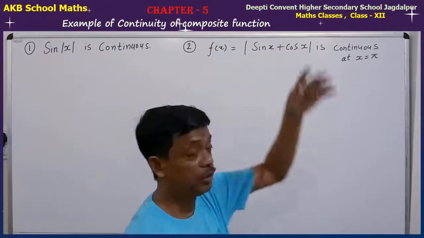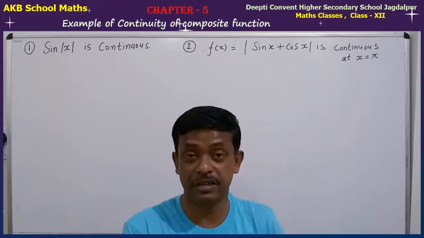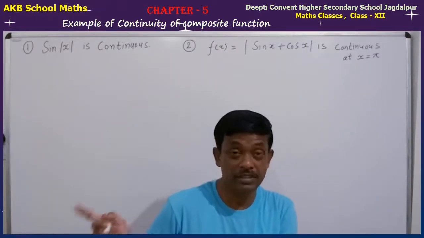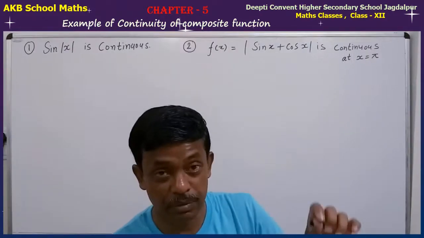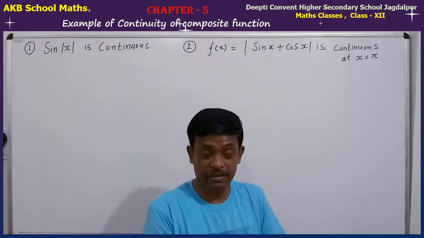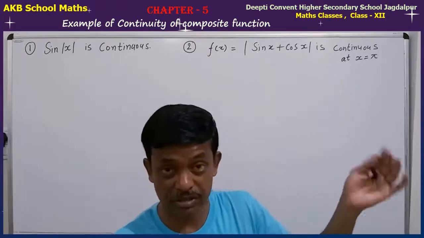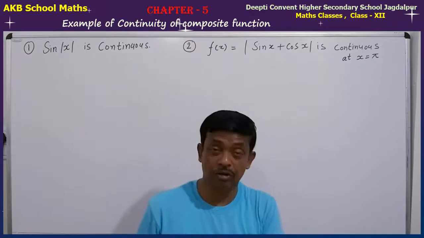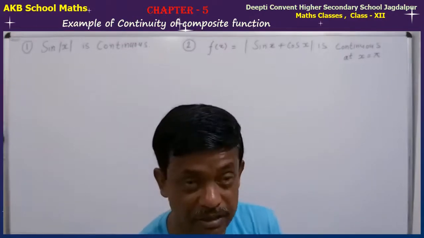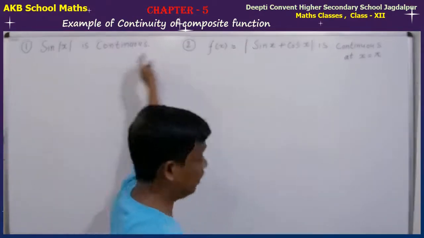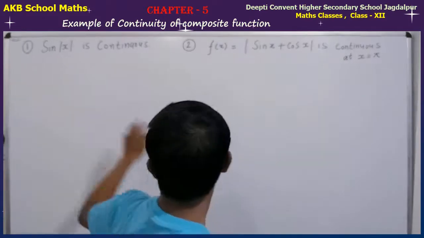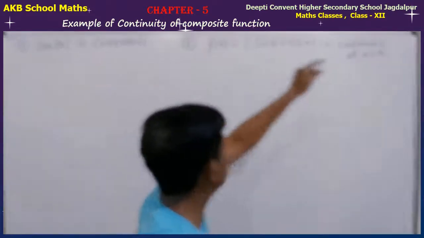Also, at a particular point, if the first function is continuous and the second function is continuous at that point, which is the image of the first function, then the composition is also continuous at that point. So by using that property, we can solve these two questions.